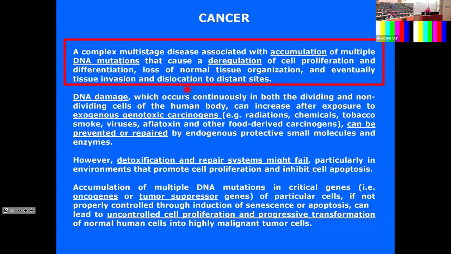So the main concept is that you have DNA damage, and the organism has different detoxification and repair systems. But what happens if those systems fail? Then that DNA damage will pass to the daughter cells. DNA damage can occur due to different exogenous genotoxic compounds. We are going to see at the end examples of different carcinogens.